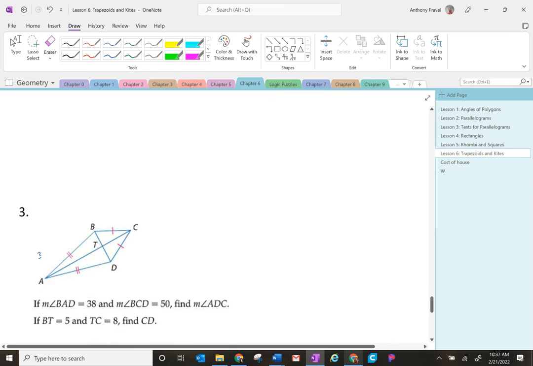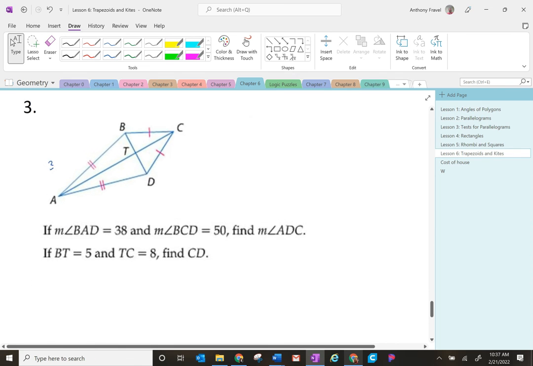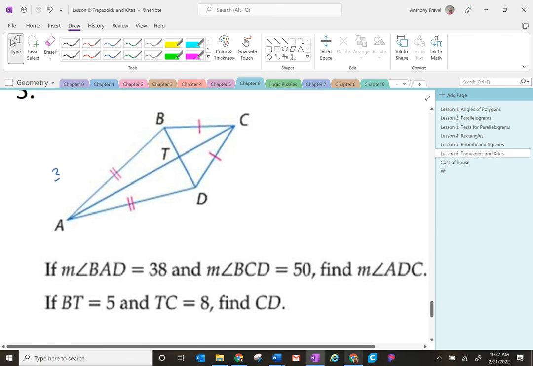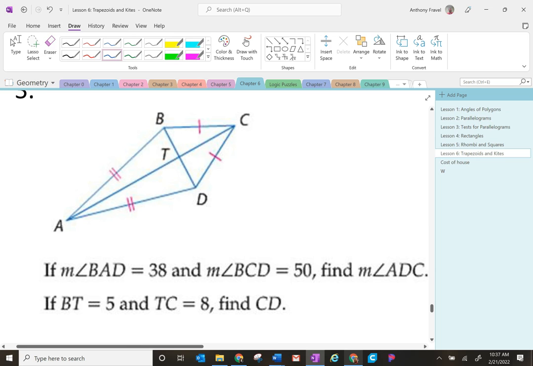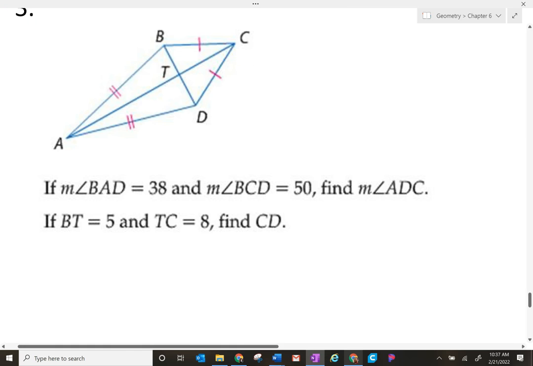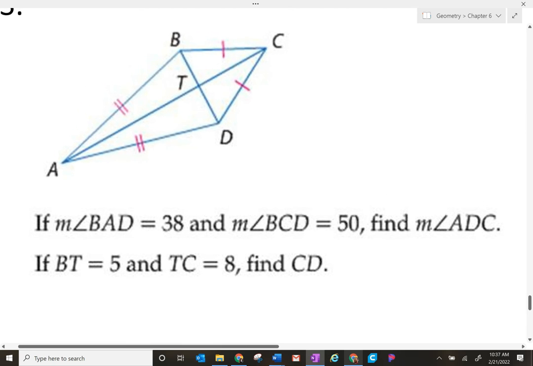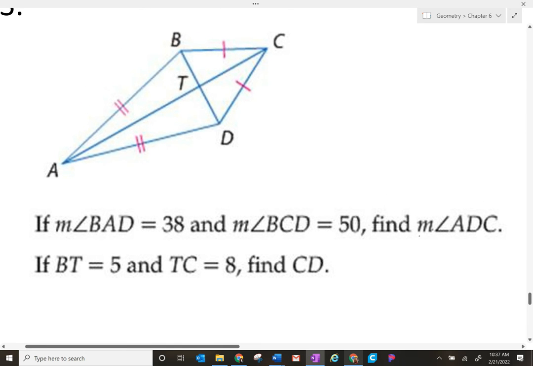Okay. Very last one. You guys are going to do it on your own. I just want to make sure you guys have it. I'll write the numbers in so you can see it a little bit easier. But here's the things they want. I want to find angle ADC and I want to find CD.